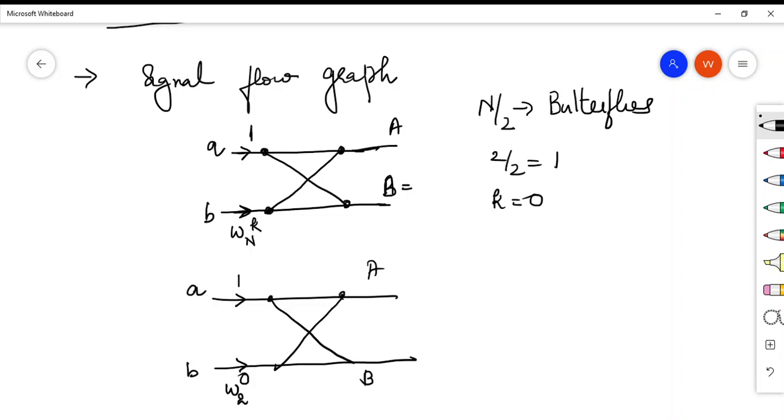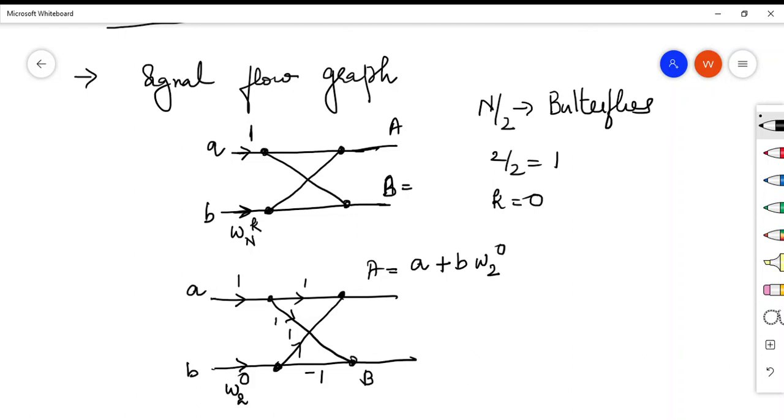Now in the same way, you have weights over these branches. This is one branch, and all other branches except the last one have weight 1, and this one has weight -1. So this particular number, capital A, will be equal to A into 1 plus B into W_2^0.